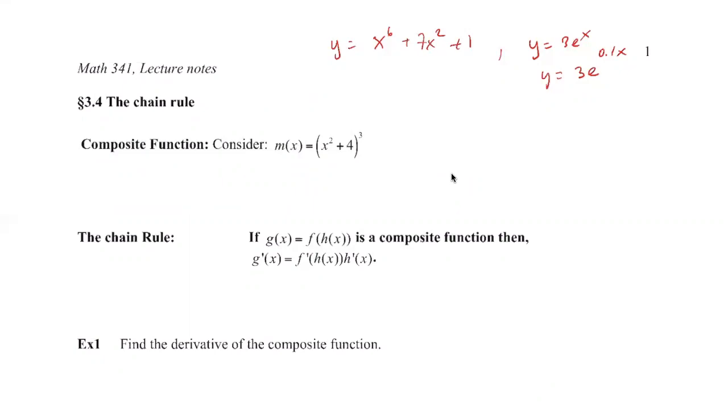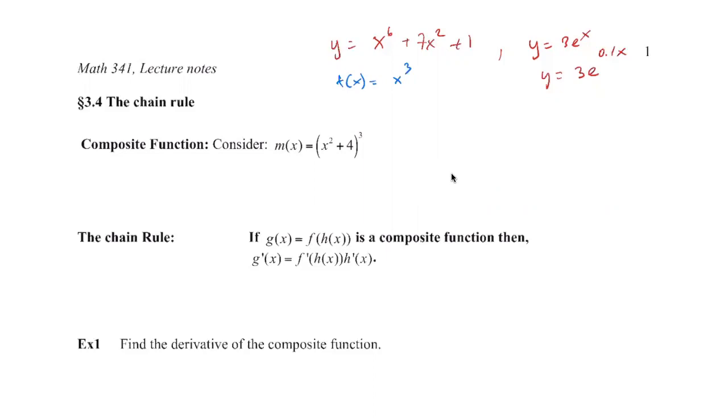So this type of function is called a composite function, meaning we have the inside function and the outside function. If we have a function, let's say f of x, in this case it'd be x to the third, right? So that's a function just by itself.